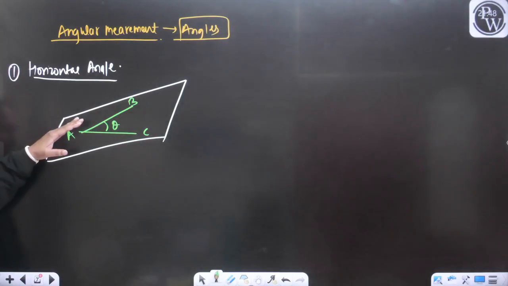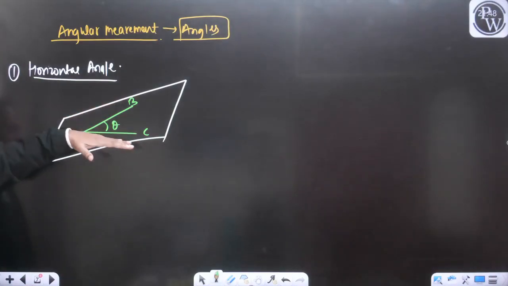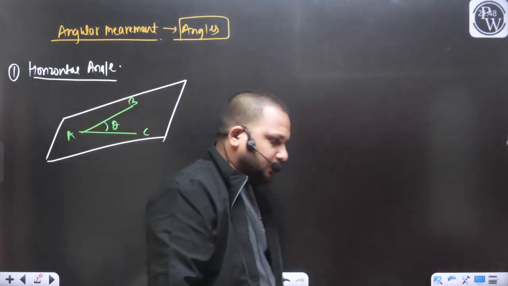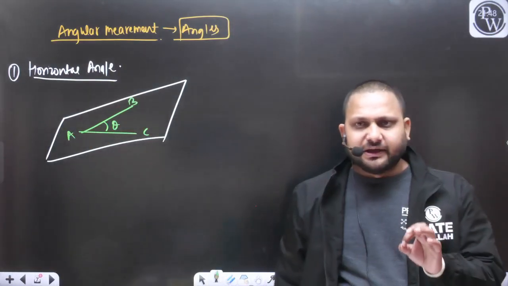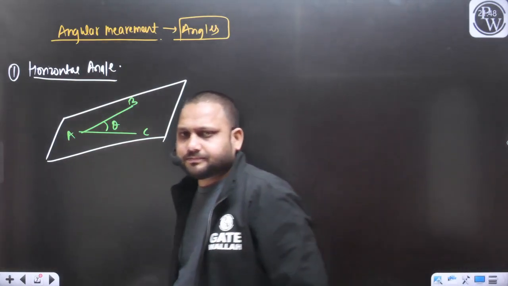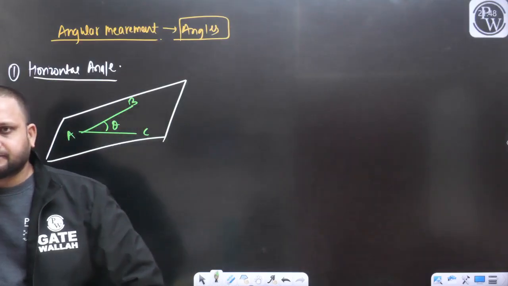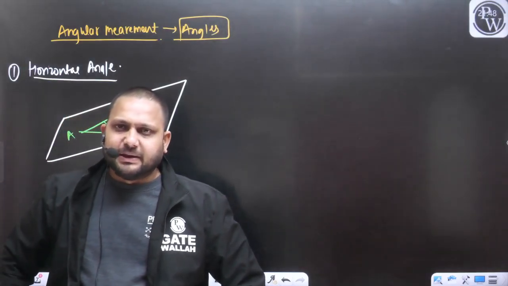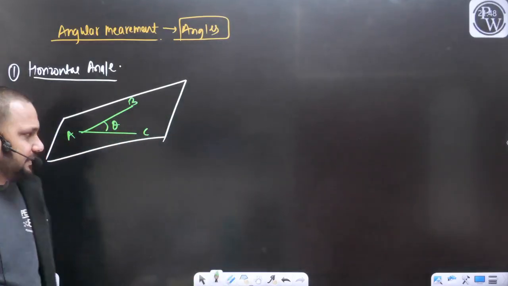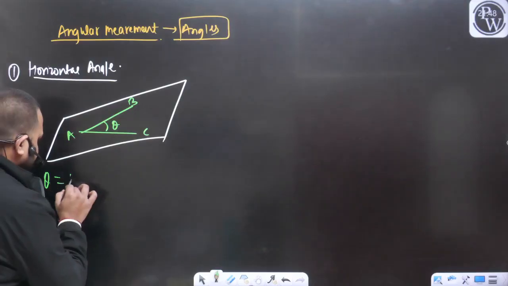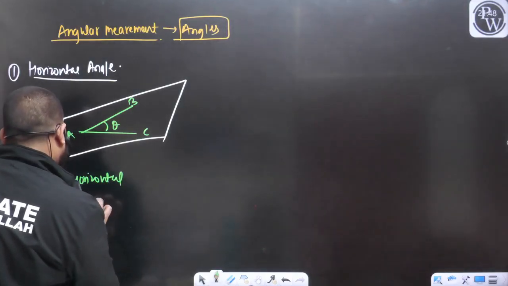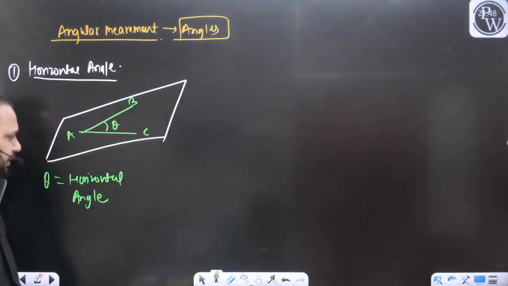If I want to measure the angle between the lines AB and AC, first you need to check: are these two lines lying on the same plane? Answer is yes, both lines AB and AC are on the same plane. Can I say this theta is going to be the horizontal angle?